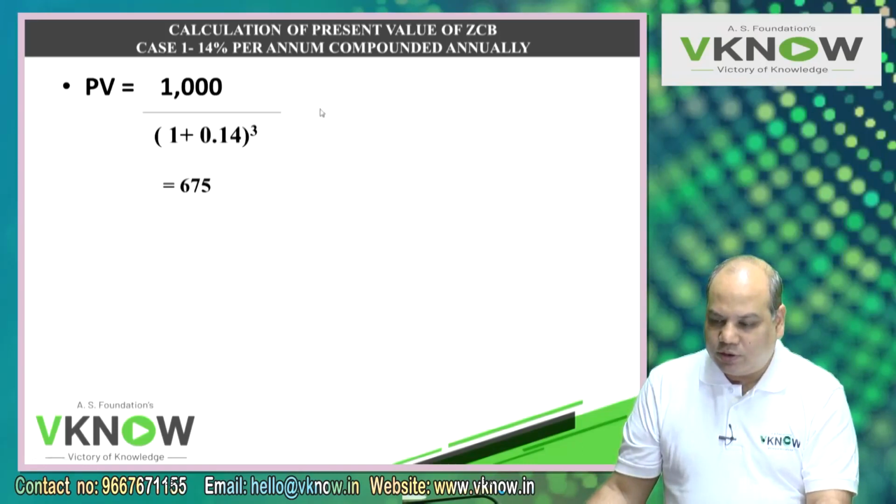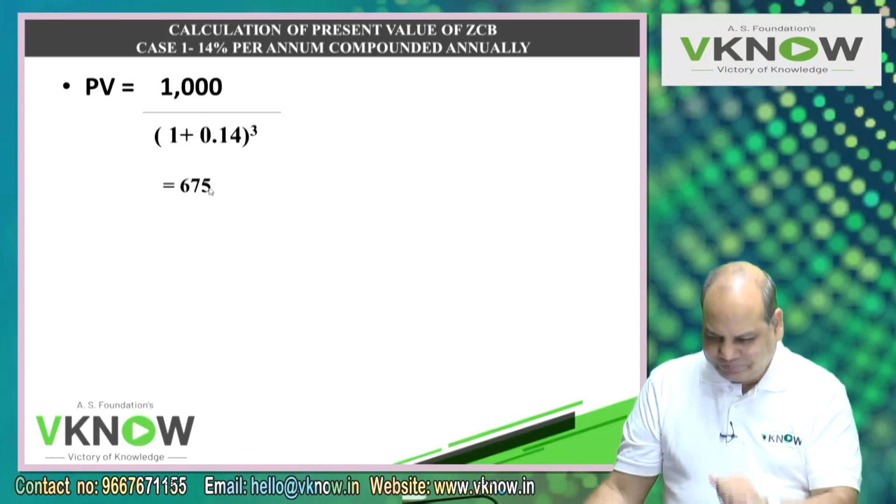So solve annual: 1000 divided by 1 plus 0.14 to the power 3. That's very easy. 675. Please check. I am getting 675. Are you also getting it?